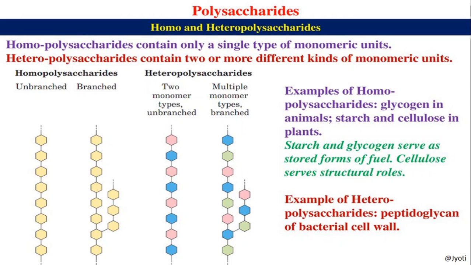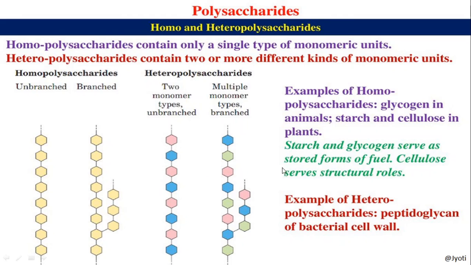Okay, and heteropolysaccharides means the polysaccharides that contain two or more different kinds of monomeric units, like peptidoglycan, which contains different types of sugar units. They do not contain a single type of sugar unit.